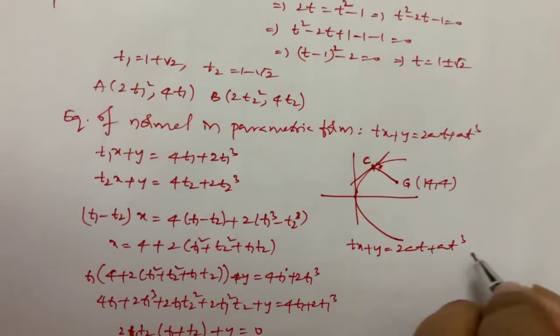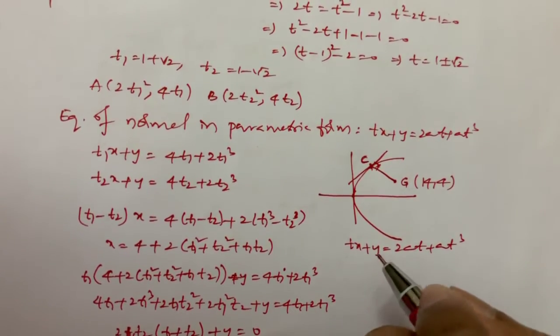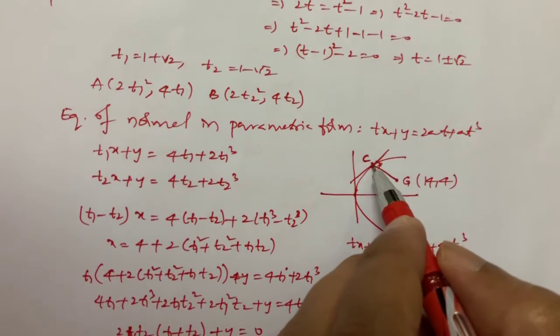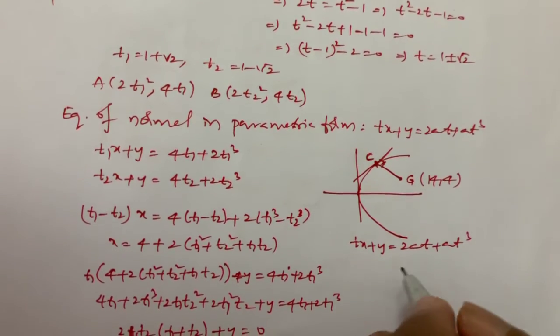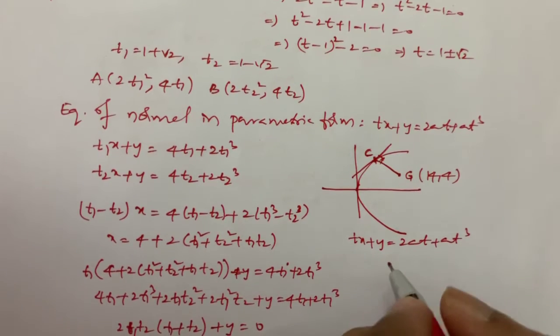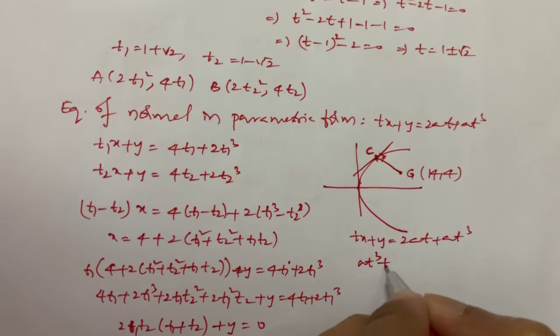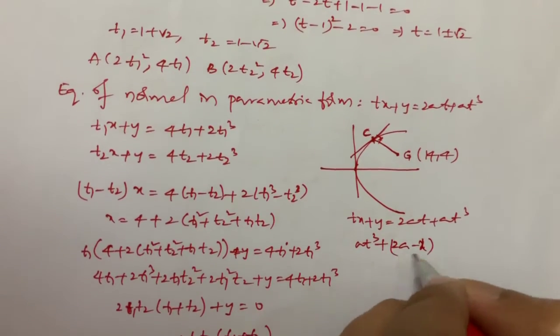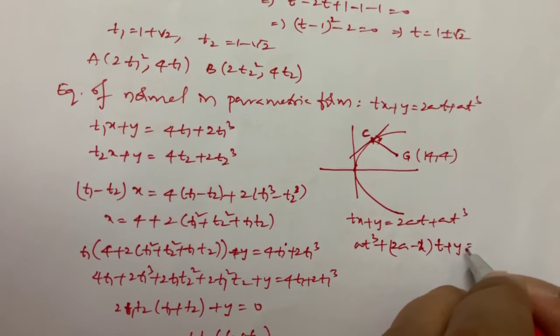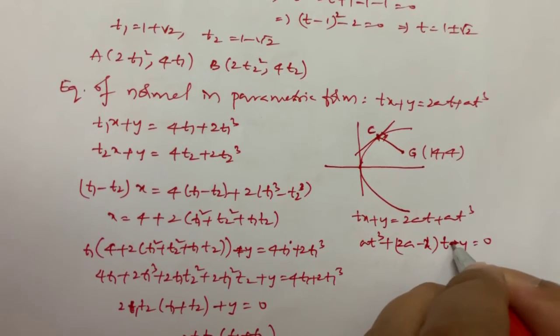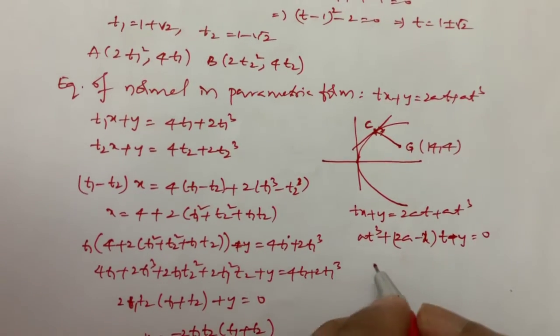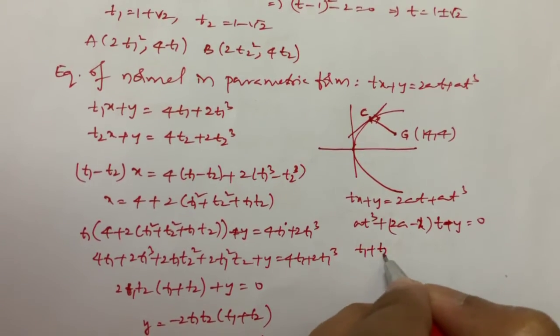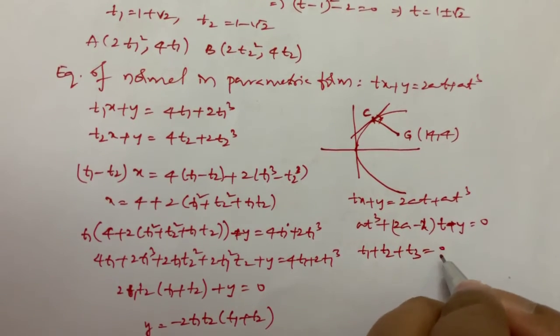So this equation has three roots t1, t2 and t3, and we have to find t3. To find t3, I'll find the roots of this equation: at cube plus (2a minus x) into t minus y is equal to 0. So the sum of the roots t1 plus t2 plus t3 is equal to 0.